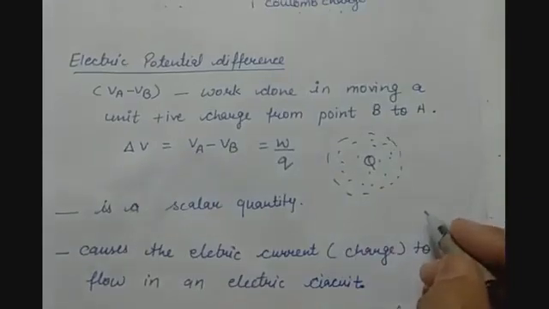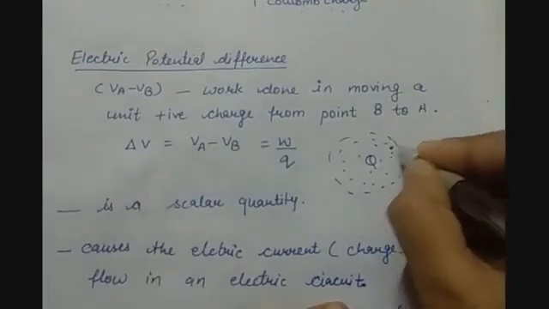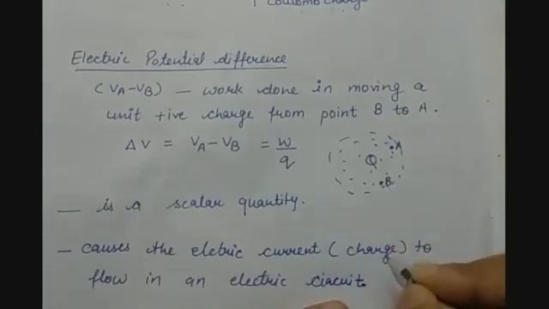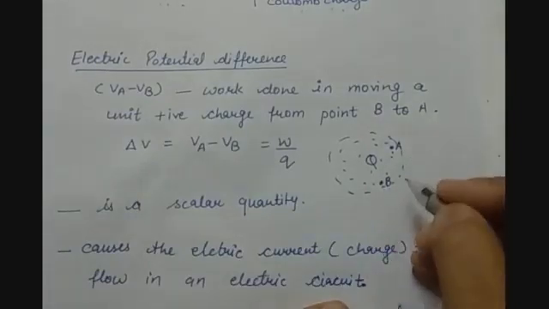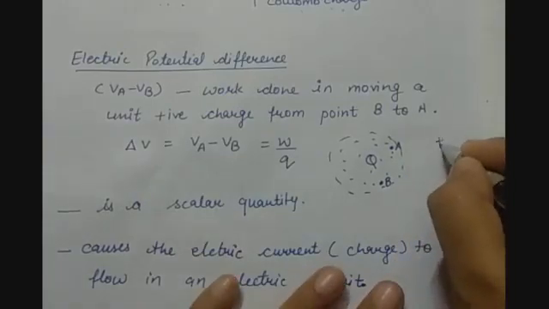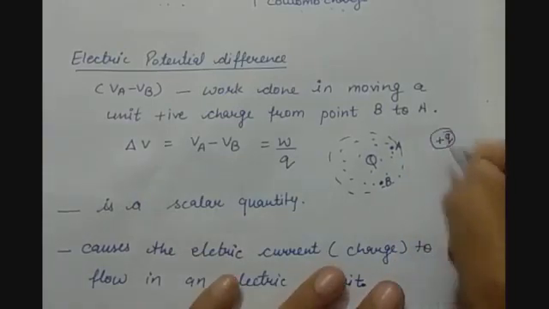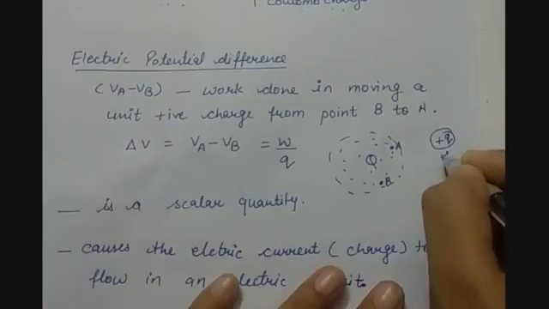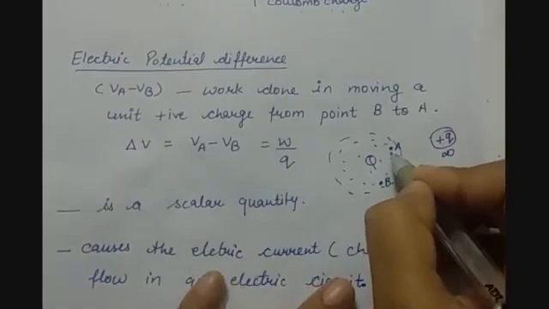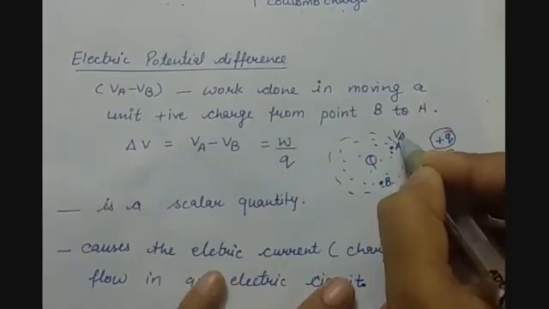So we consider two points here, A and B, or B or A, it's up to you. Then if we have to bring one unit positive charge from infinity to point A, that potential will be VA.